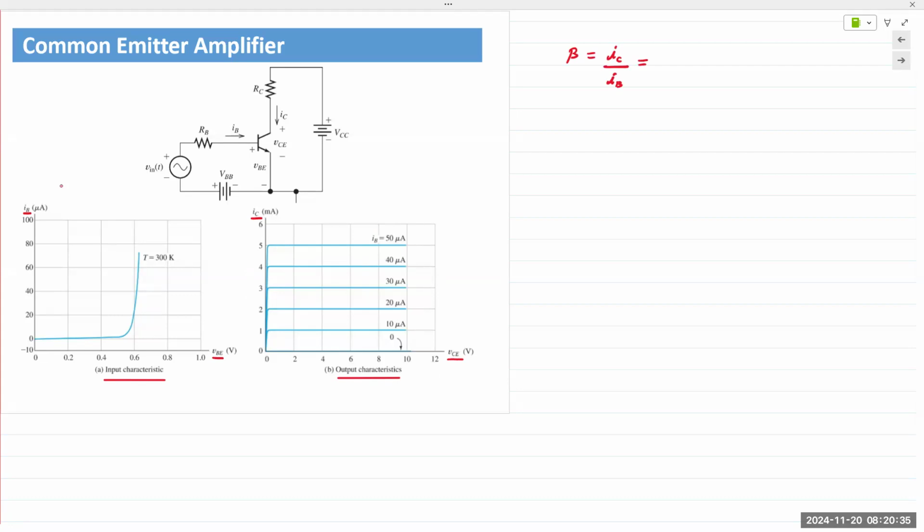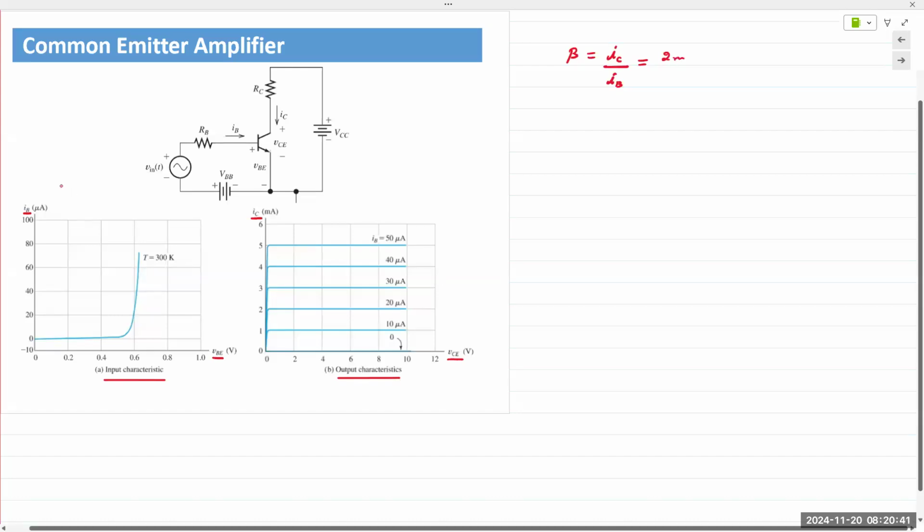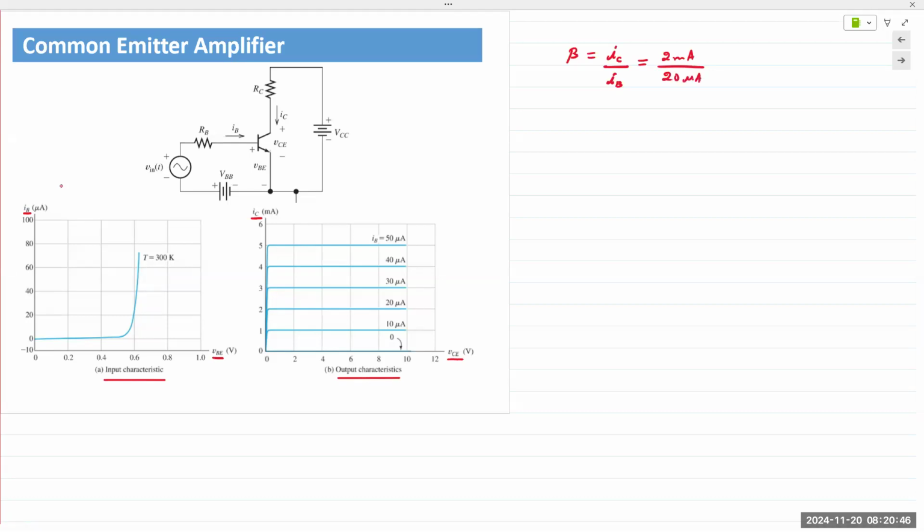In this case, it's rather straightforward. We can pick any value, and we can have 2 milliamps divided by 20 microamps, or we can choose 1 milliamp divided by 10 microamps. In all cases, it comes out to an even round number of 100.